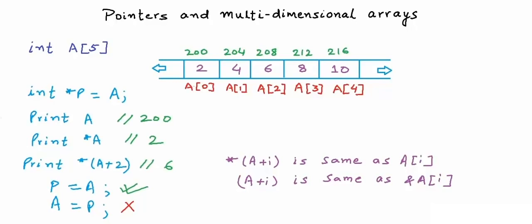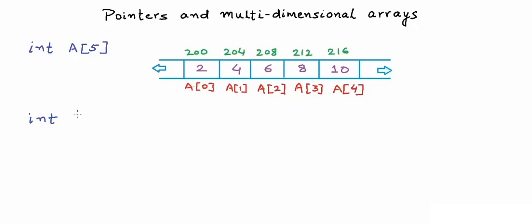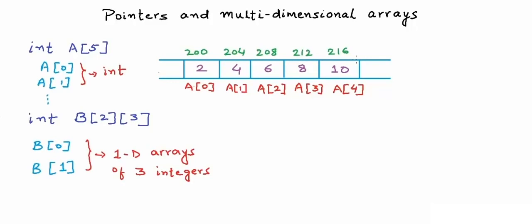Let's now say we want to create a two-dimensional array. I will declare a two-dimensional array of integers named B, something like this. Now what we are doing here is we are creating array of array. We are creating two one-dimensional arrays of 3 elements each. This time B0 and B1 are both one-dimensional arrays of 3 integers each.